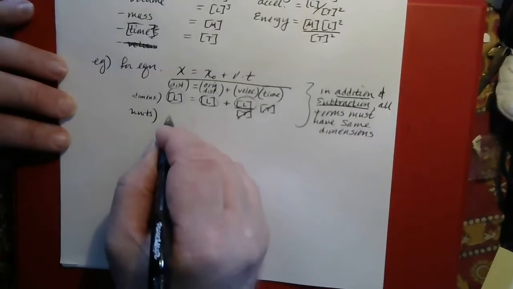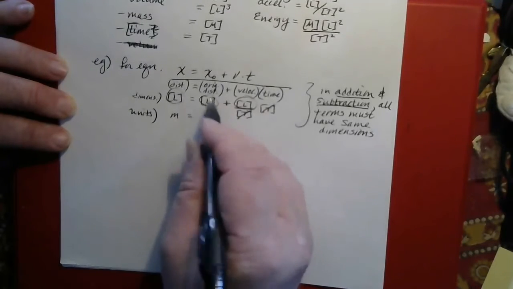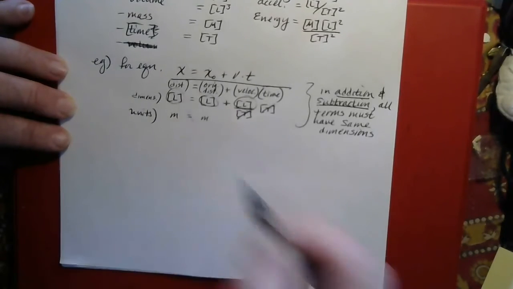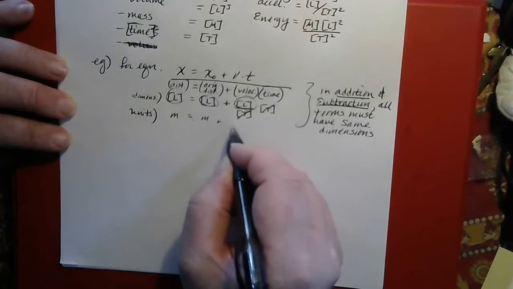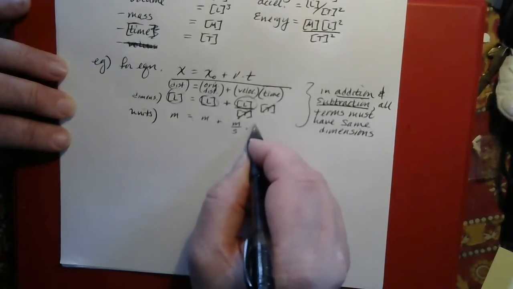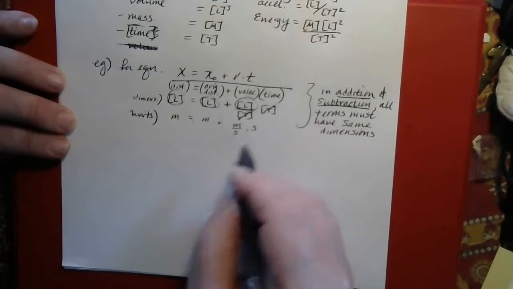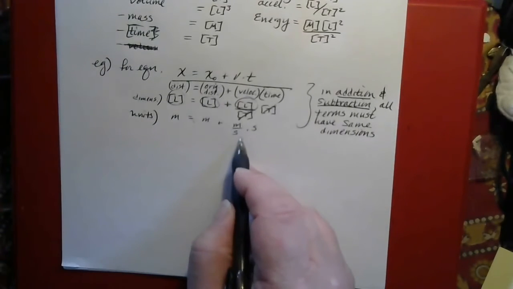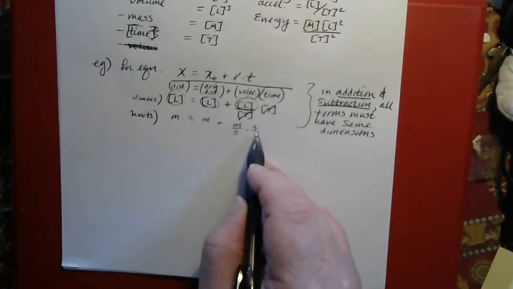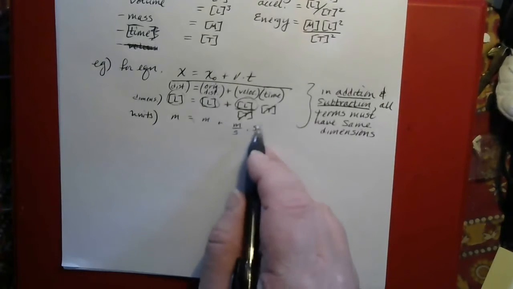So say if the units for X are in meters and the units for X original are in meters, then the velocity is going to need to be meters per second and the time can be seconds. If you've got, say, meters per second and the time is in minutes, then obviously that's not going to work out because seconds and seconds won't cancel.